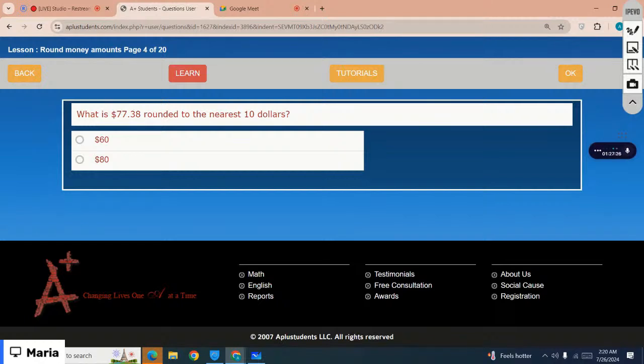Nearest $10. That is $80. Option number two is the correct option. Very good.